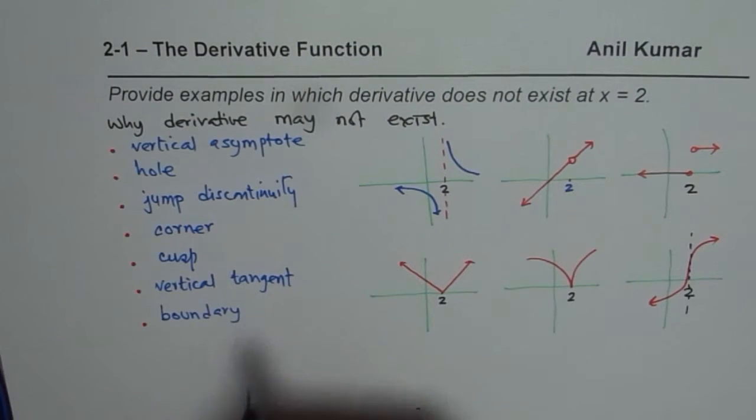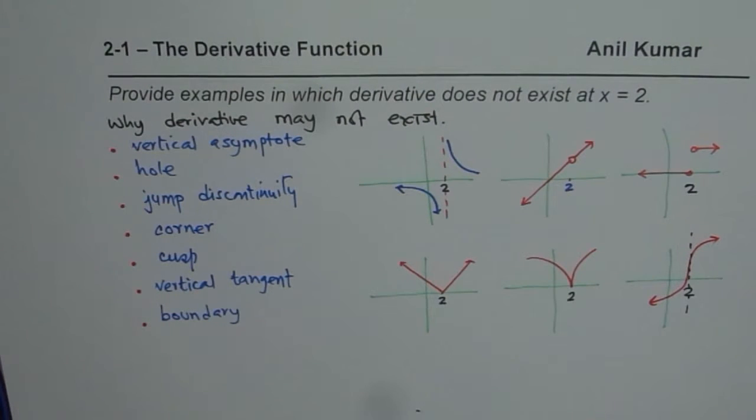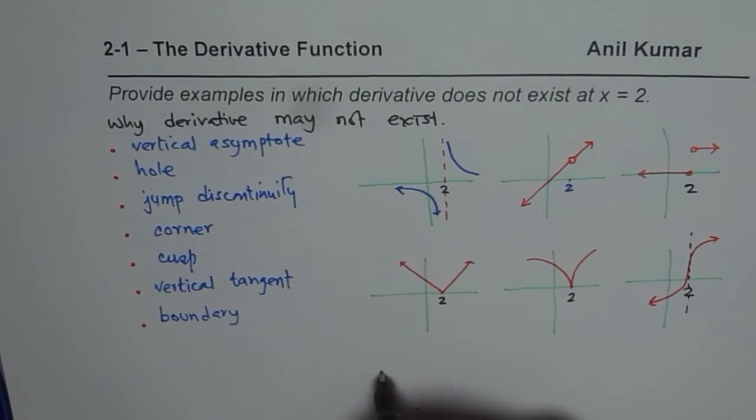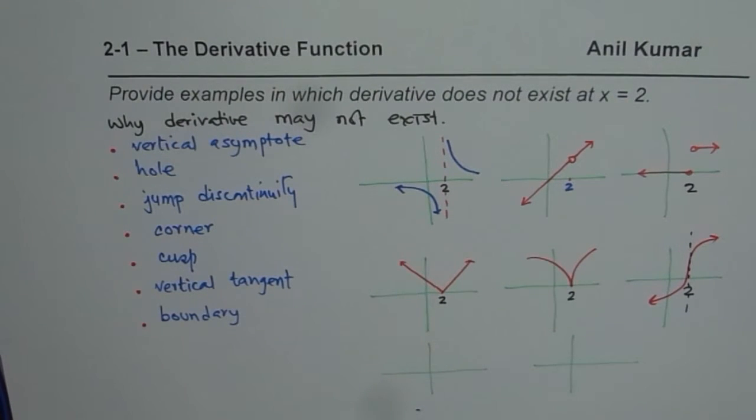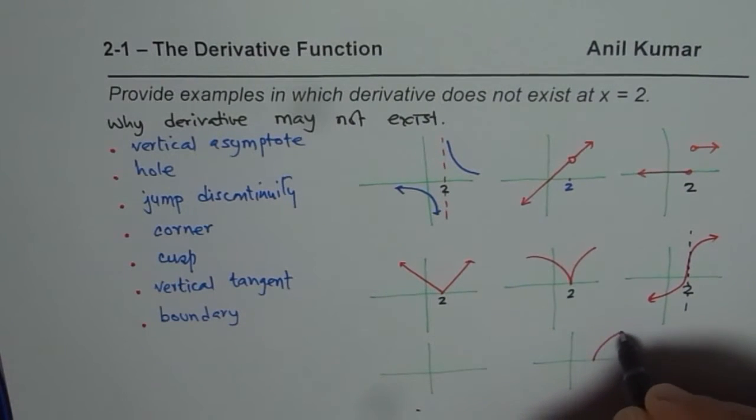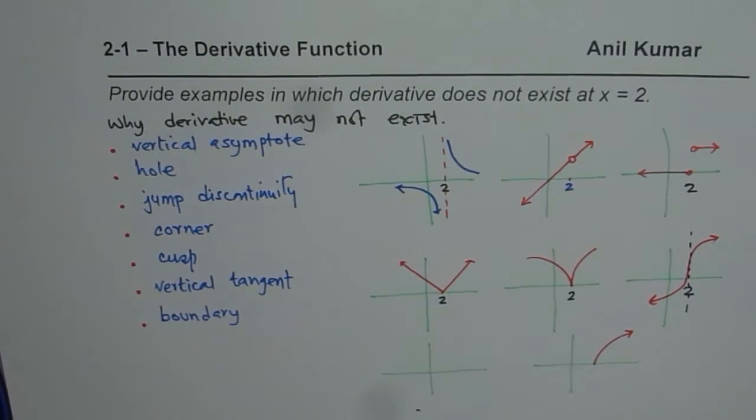So boundary could be a good example. Let me give you two examples here for boundary also. So one is square root function. For example, if I have a square root function which is translated 2 units to the right. If you want to draw a tangent at this point, you cannot. So that could be a function for you.